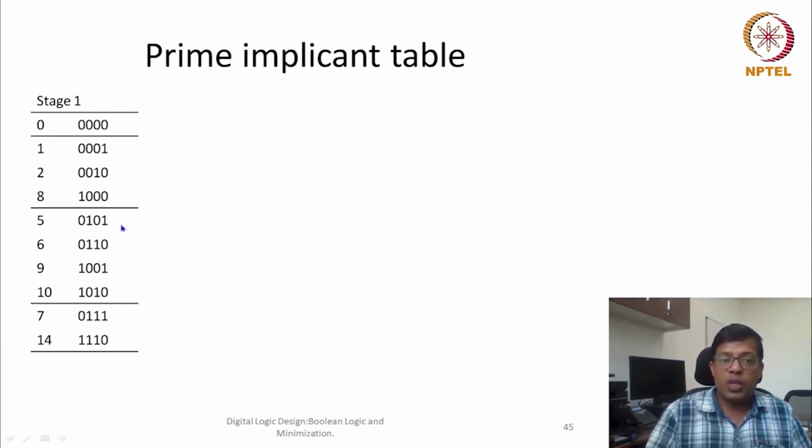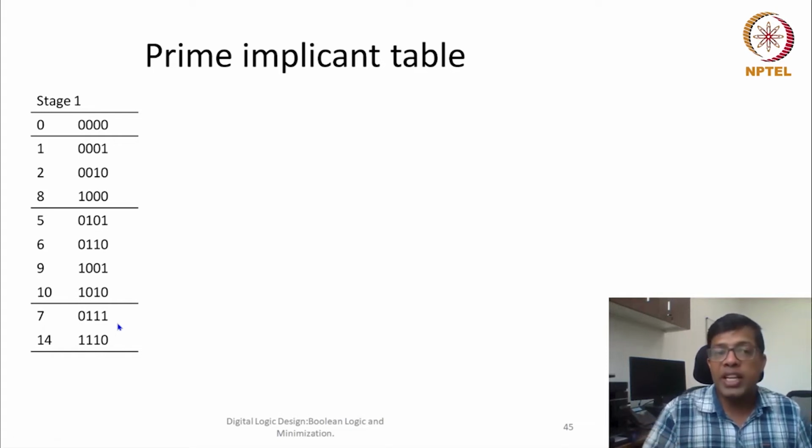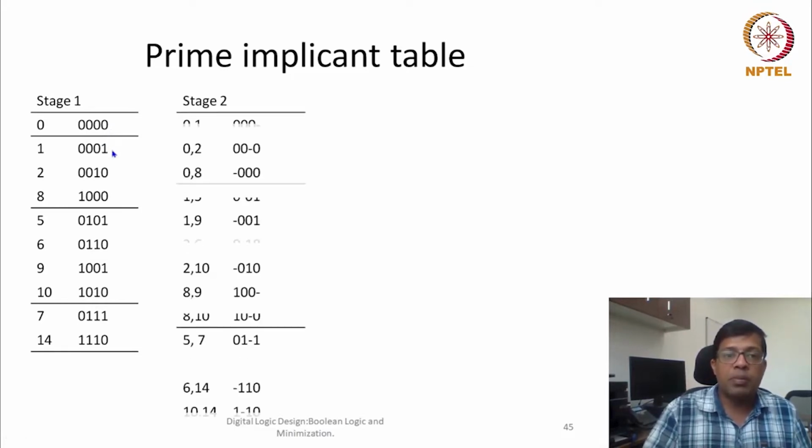Group 2 means 2 ones, group 3 means 3 ones in each min term. Now to generate the pairs for the second stage, we will compare group 0 with group 1, and for the terms which can be reduced, we will replace the differing bit with a dash.